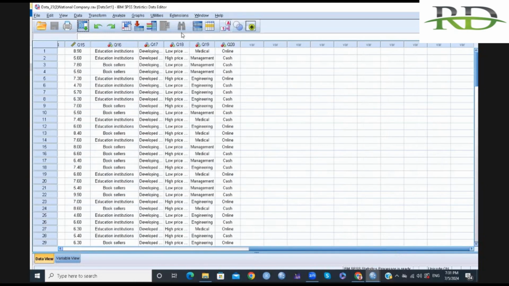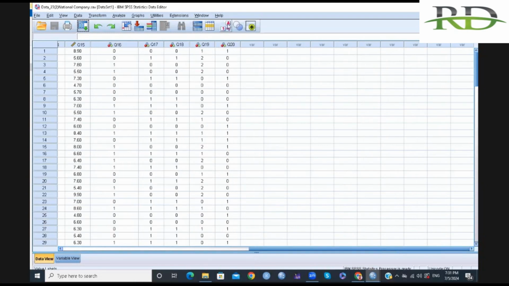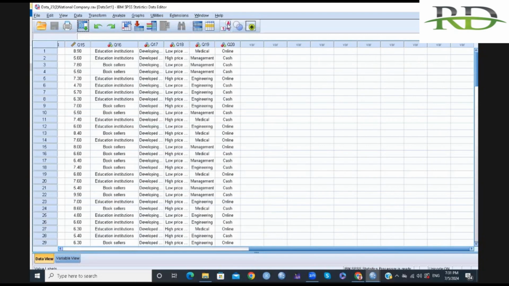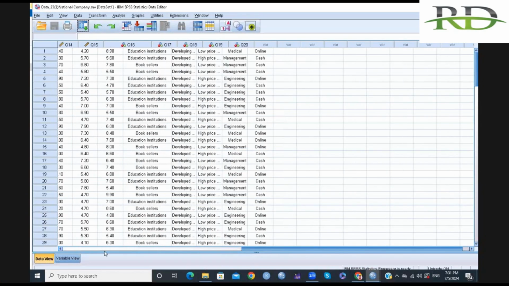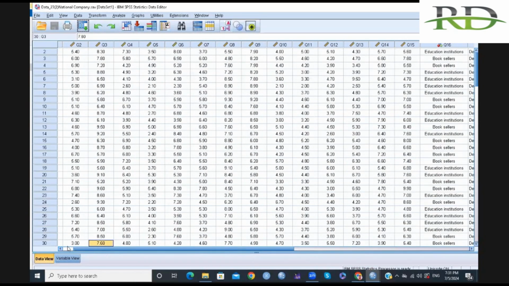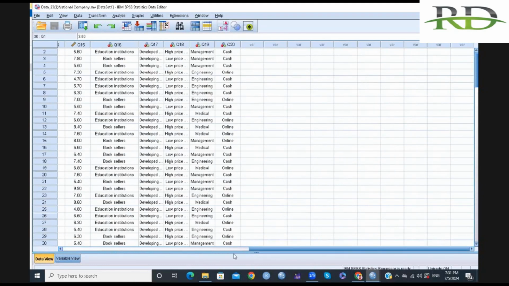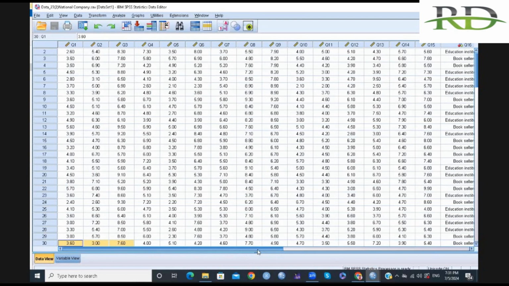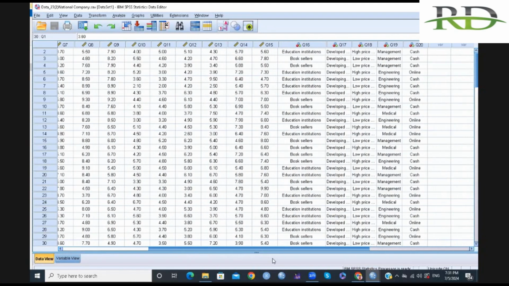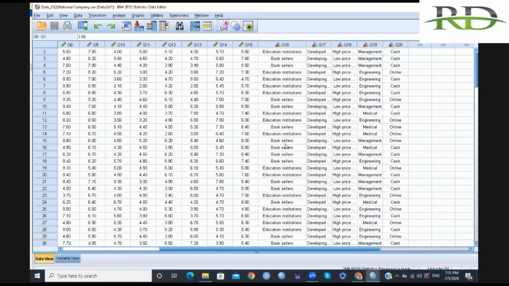See here, we have many qualitative type questions. So now you can go for the multiple linear regression. You have to choose the questions as independent variables, and some you have to select as the dependent variable.